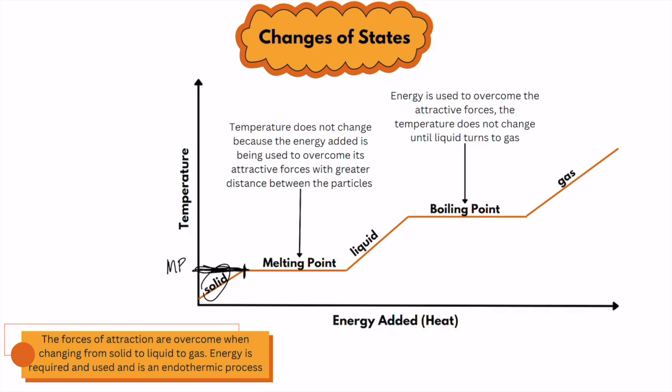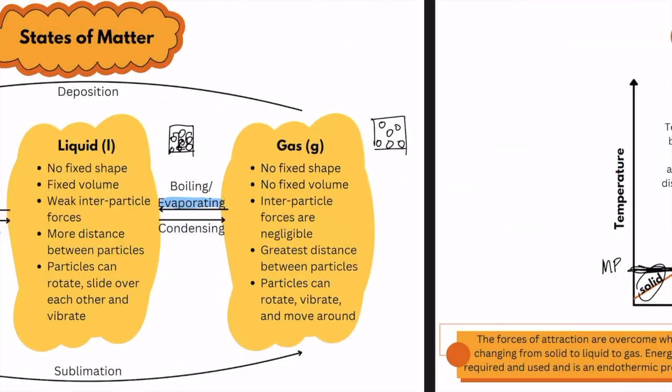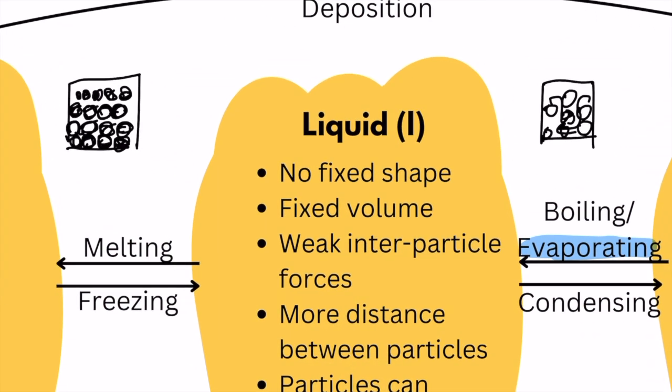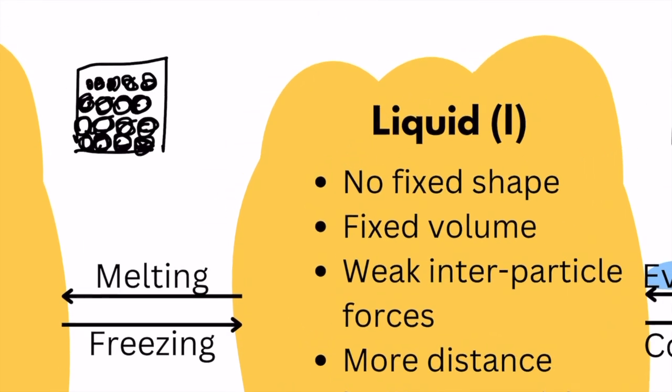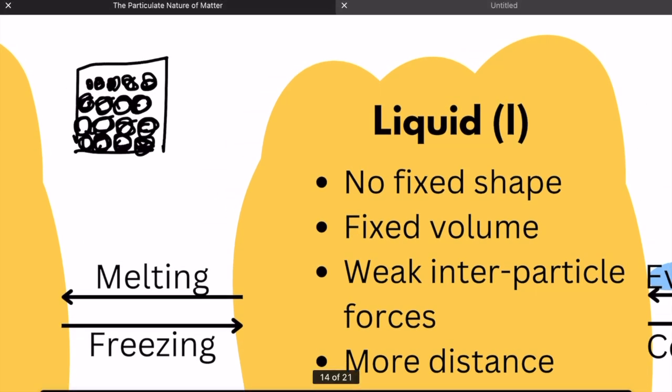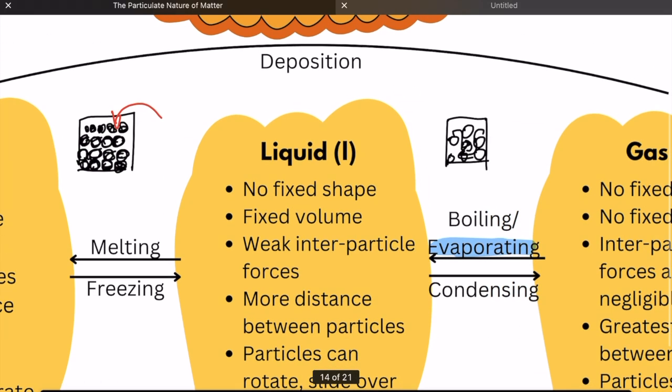when it reaches here, all of the heat that's added, which is basically energy, is used to overcome the interparticular forces of the molecules. So remember my beautiful diagram here about this being a solid and this is a liquid? The heat added is used to overcome the forces here, so that they're broken up to have more space.